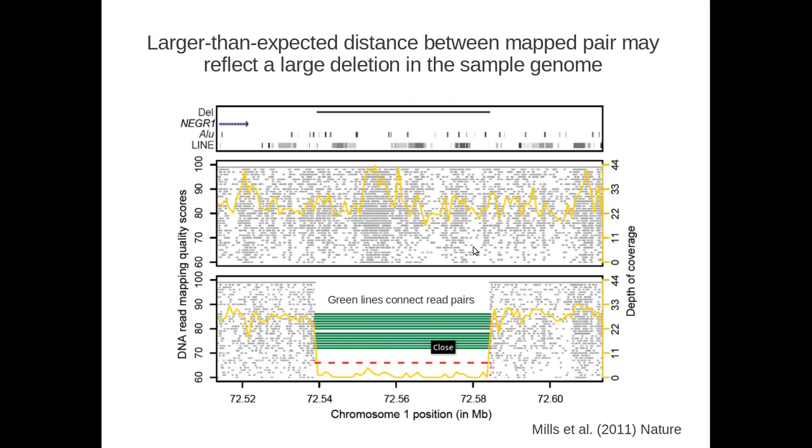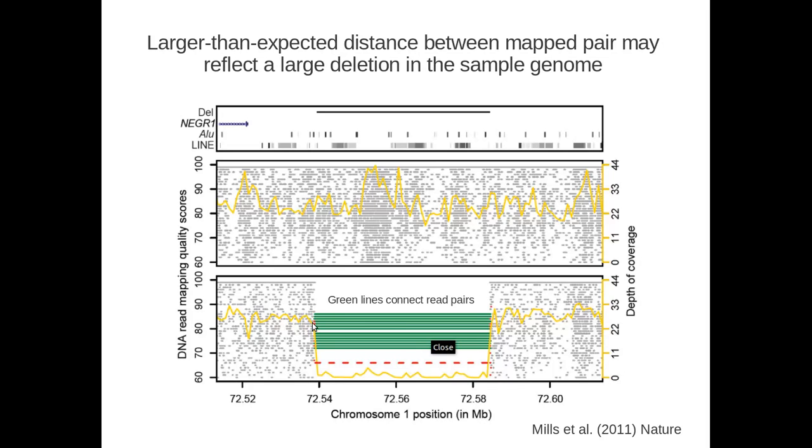But here, this is an example from a Nature paper published a couple of years ago, where they illustrated the use of this read pair approach together with a coverage depth approach in identifying a large deletion. So the green lines here connect pairs of reads from the sample genome and their distance once they map to the reference genome.